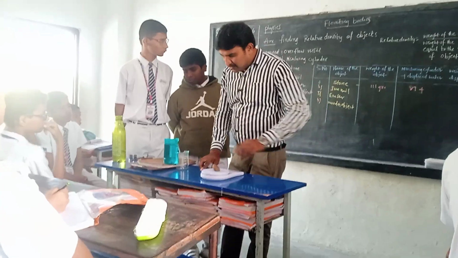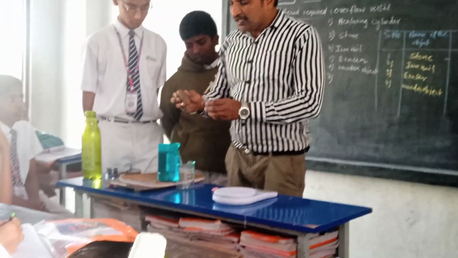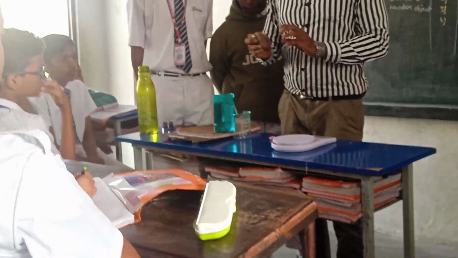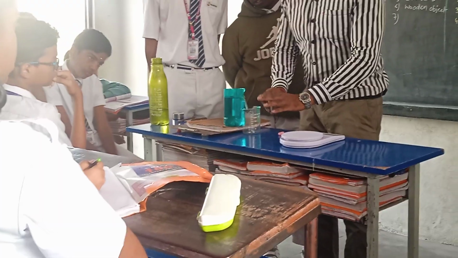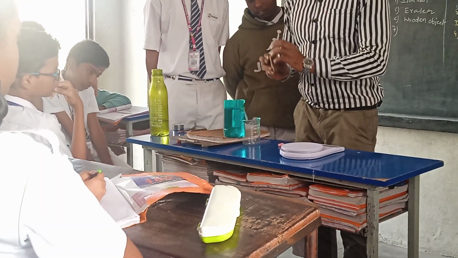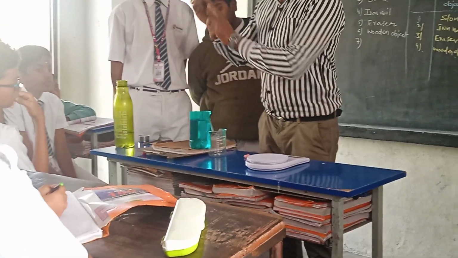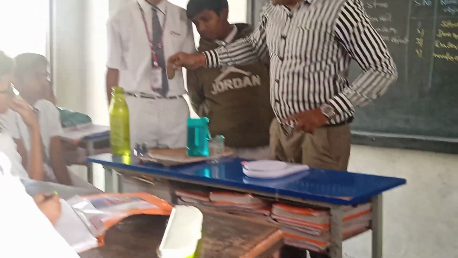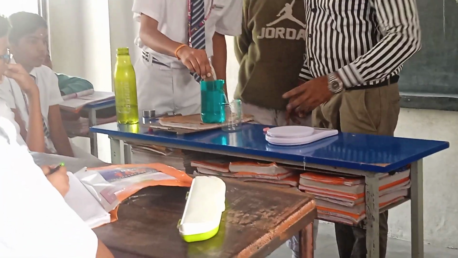And next, when we drop this stone into the water, it displaces some water. That displaced water, we collect into the measuring cylinder. So that water is equal to the volume of this object. Okay now, drop the stone into water slowly. Good.